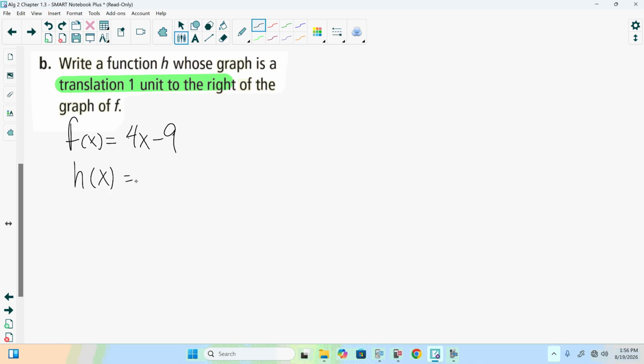Just another name for it. What is the general form for horizontal translation? F of x minus h.